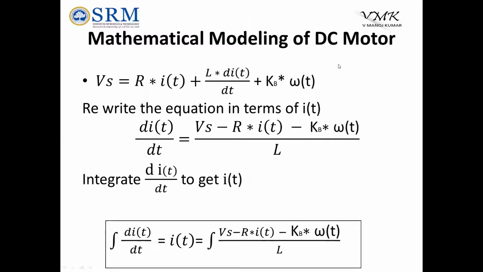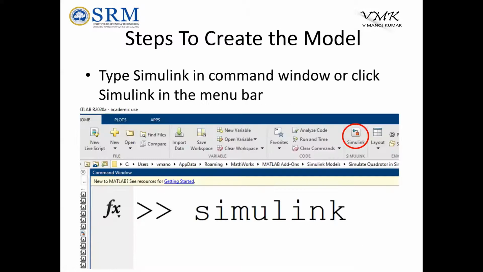Instead of typing commands, I'm going to give a simulated modeling, like LabVIEW, a drag and drop method, to derive the mathematical modeling of any component. Instead of writing a mathematical equation in MATLAB with commands, I'm going to derive it as blocks or models in Simulink.